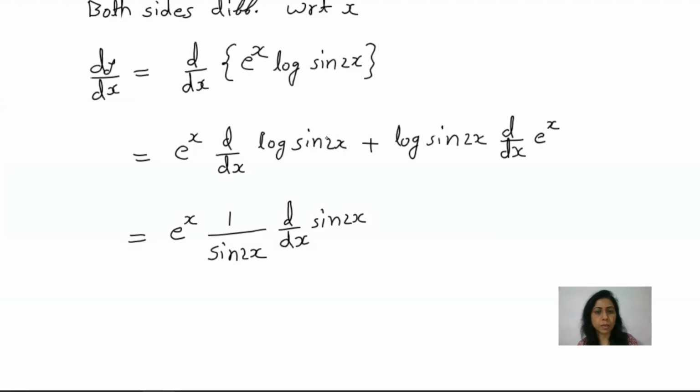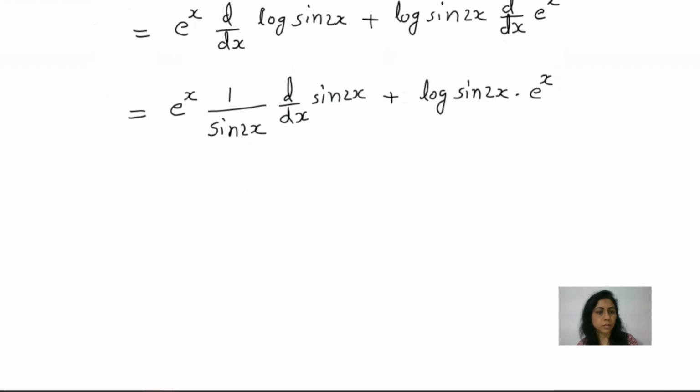Okay, we differentiate log of this. Then log sine 2x, and when we differentiate e to the power x we get e to the power x, e to the power x, and this is 1 upon sine 2x.